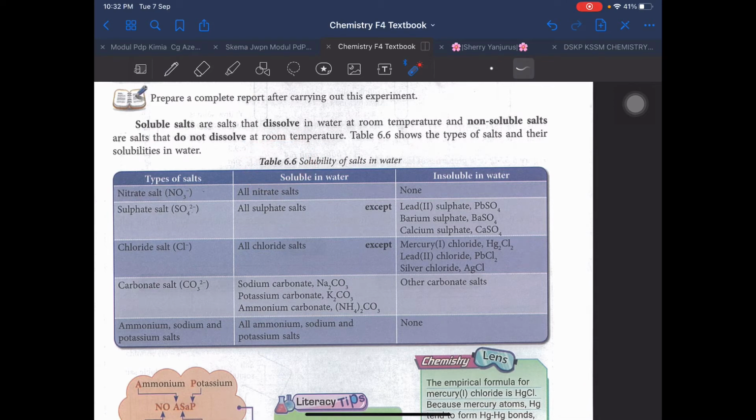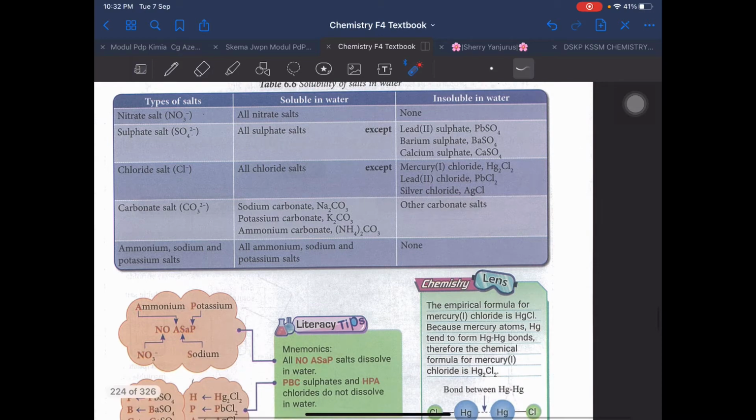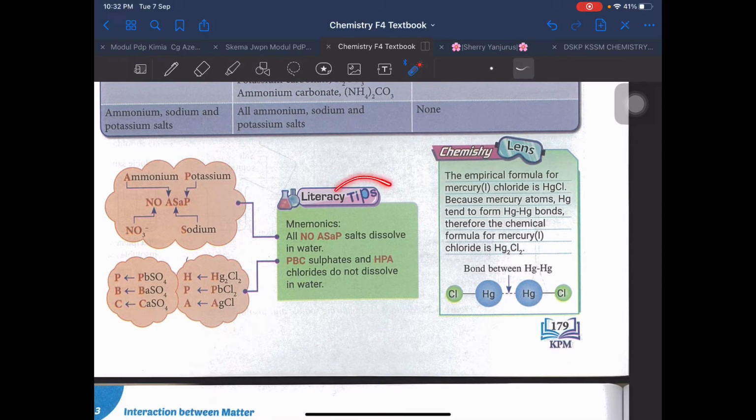Solubility of salts, keterlarutan garam di dalam air. Okay, there's one literacy tip over here to help you to learn better or memorize better. Okay, we use this mnemonic. All NO ASAP salts dissolve in water. What is NO ASAP? Okay, NO is for nitrate.